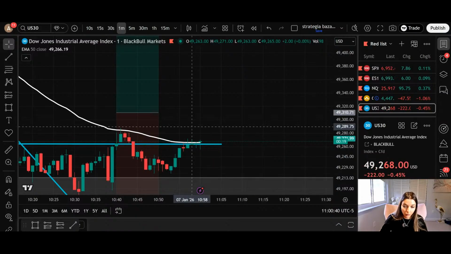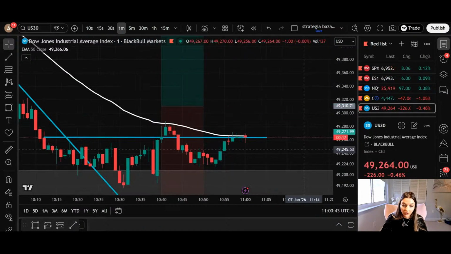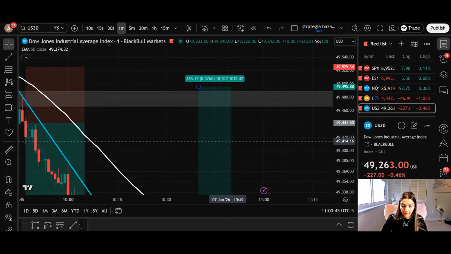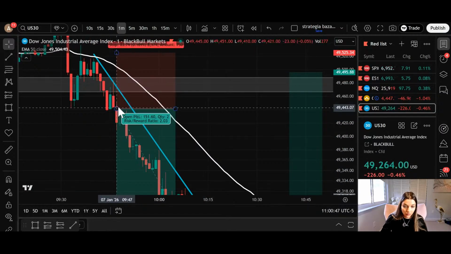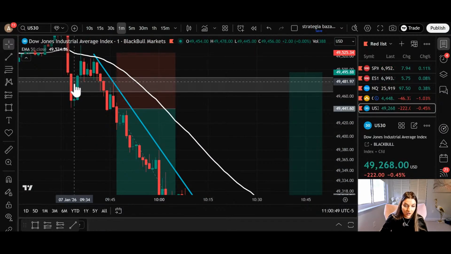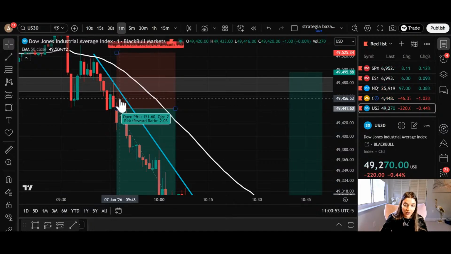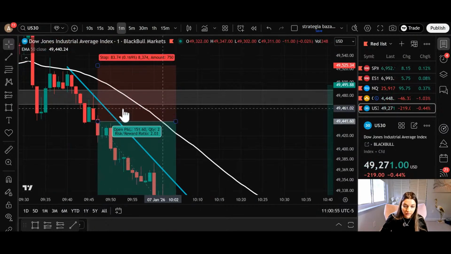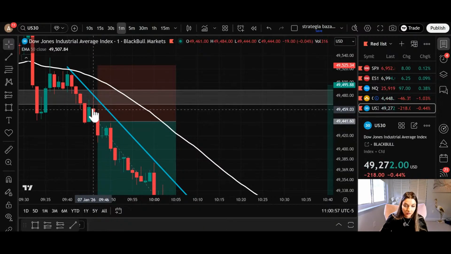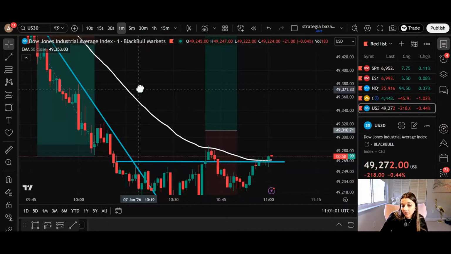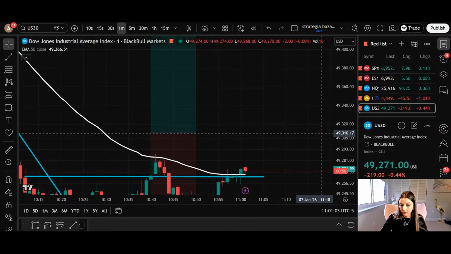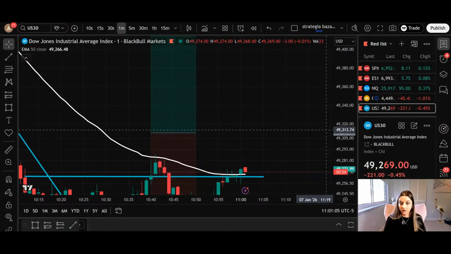A wick like this, I don't consider a break. For example, this area I consider a break because I have a full bearish candle that opens and closes below the area. Some people consider a little wick or just a close above or below, but for me, I need a full candle.